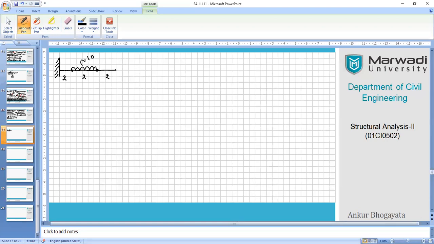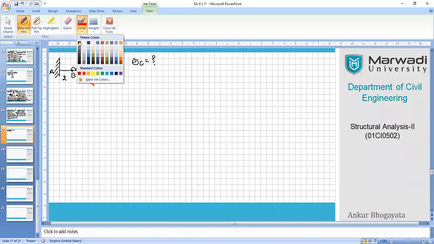So what we should do now, because we want slope at point C, A, B, C and D. If you want, what is your required quantity? Required quantity is theta C. So obviously you will have to apply moment at C, which is fictitious.